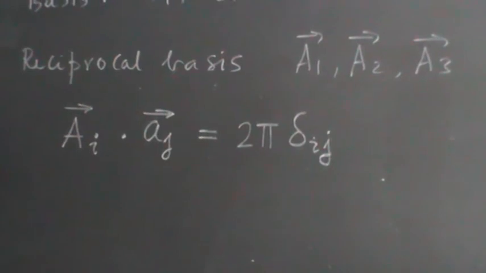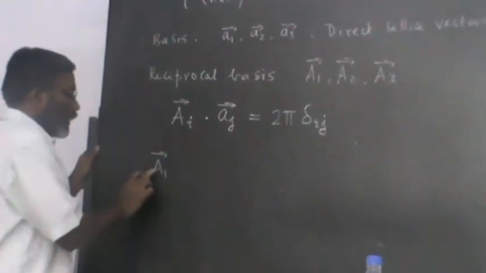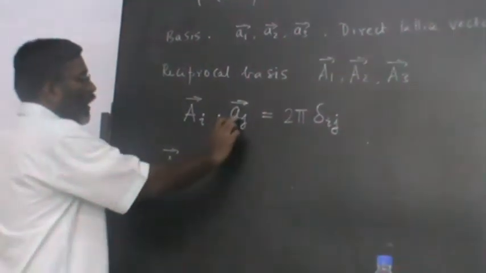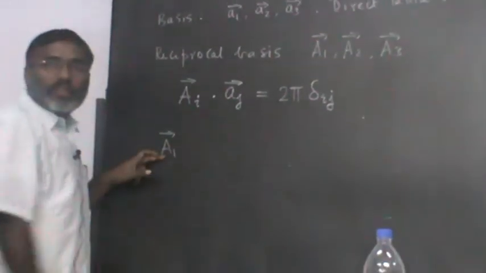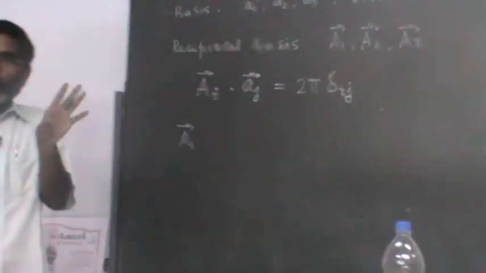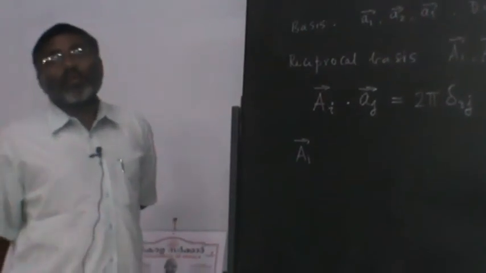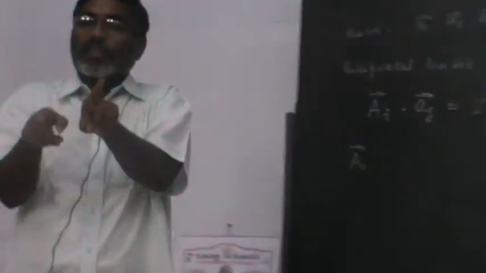Now what does it mean? Suppose I want to calculate the reciprocal vector B1. B1 should be orthogonal to A2 and A3, correct? I have two vectors A2 and A3, and it should be orthogonal to those two vectors.